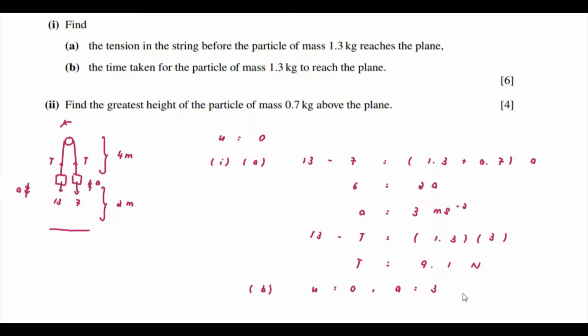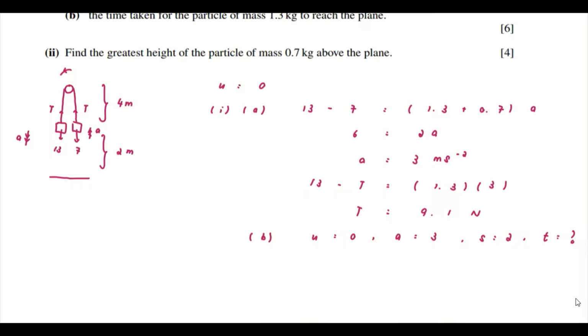Then what else do we have? The question tells us that this is 2 meters, so for this particle to reach the plane, the displacement is 2 meters. So S is 2, and the question wants us to find T. So with u, a, s, t, we can use s equal to ut plus half a t squared.